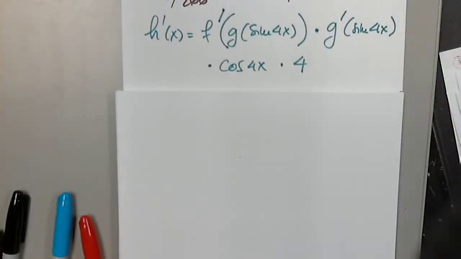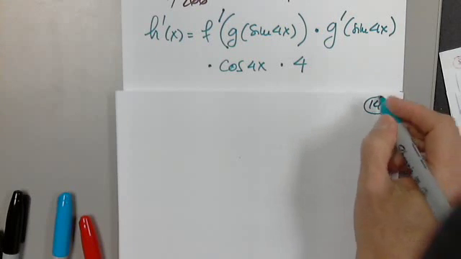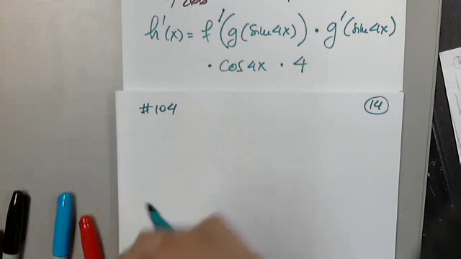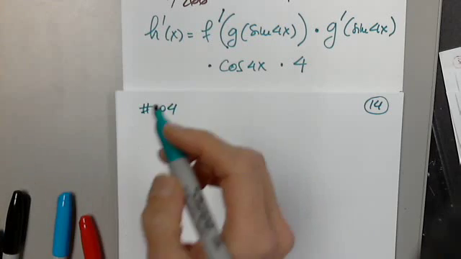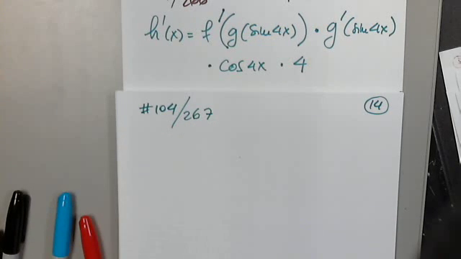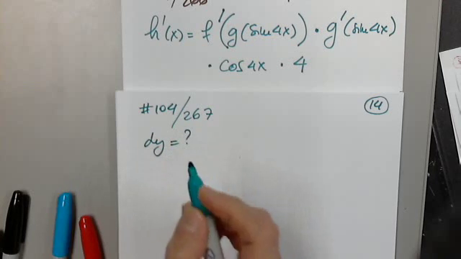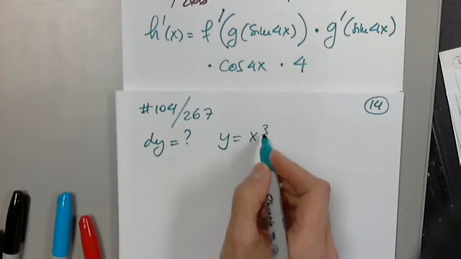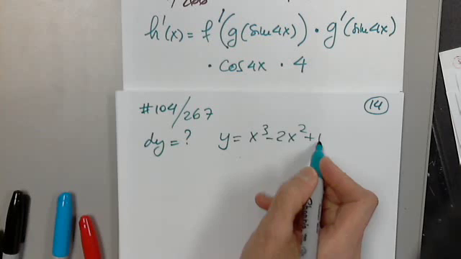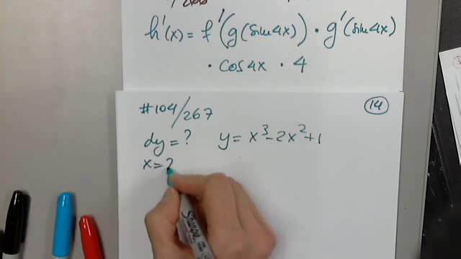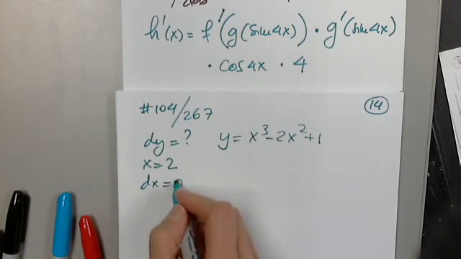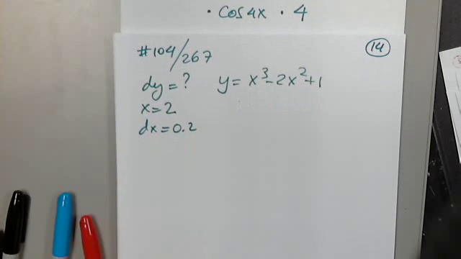Any questions? 104 on 267. Find dy if y is x to the third minus 2x squared plus 1 when x is 2 and dx is 0.2.